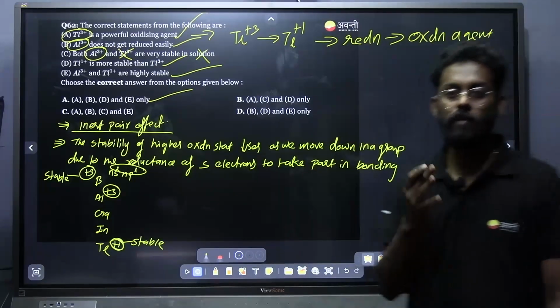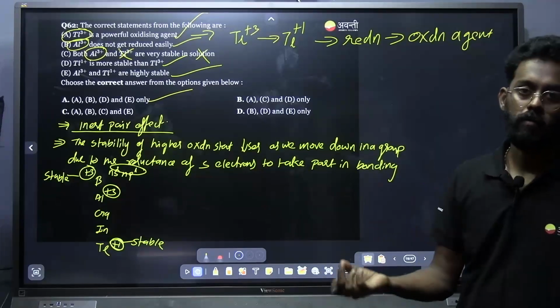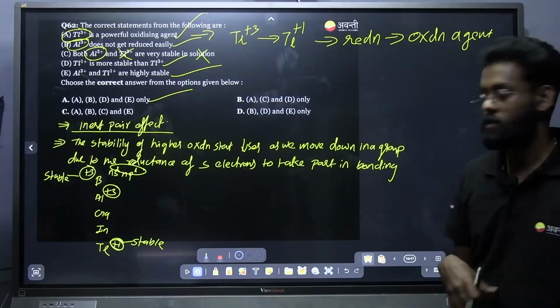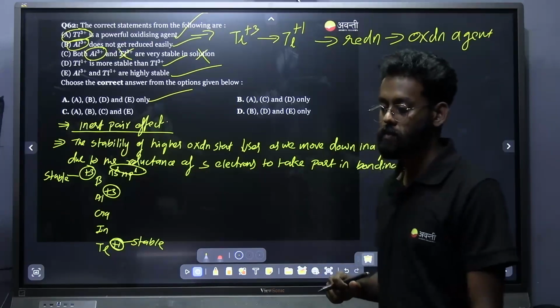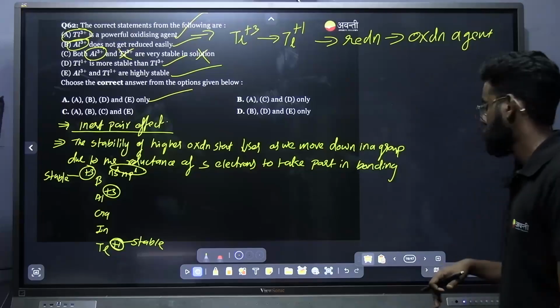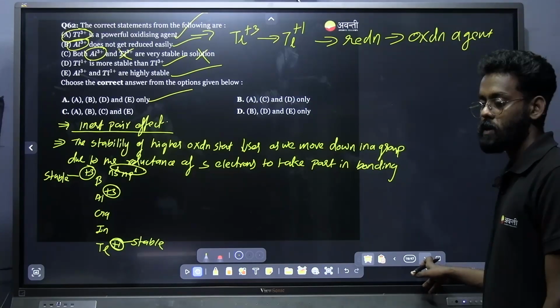Due to the poor shielding of d orbitals, the s orbital won't take part in bonding. It will be tightly held to the nucleus. Shall I move to the next question? Is it clear, everyone? Guys, are you there? Shall I move to the next question?